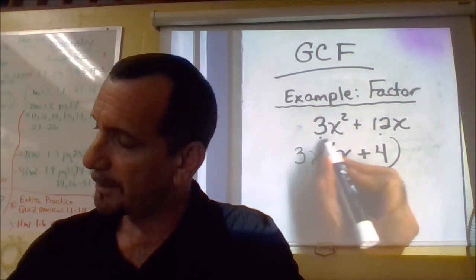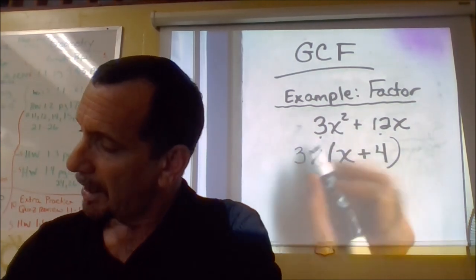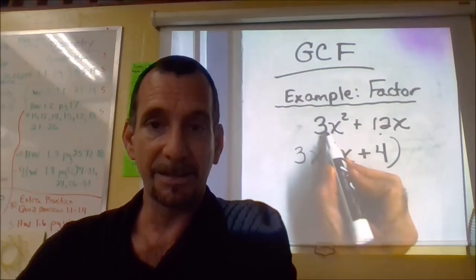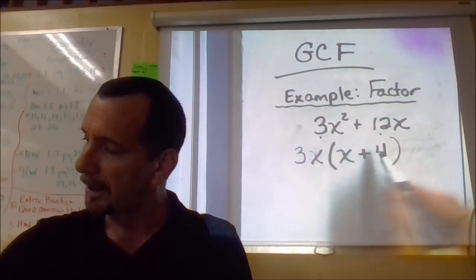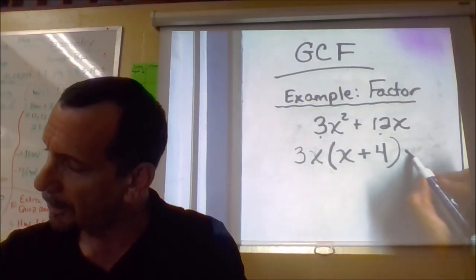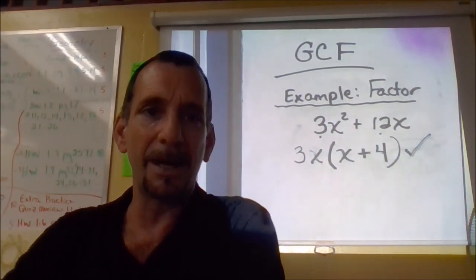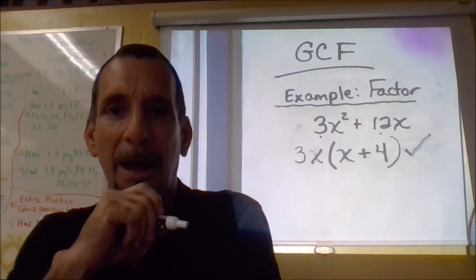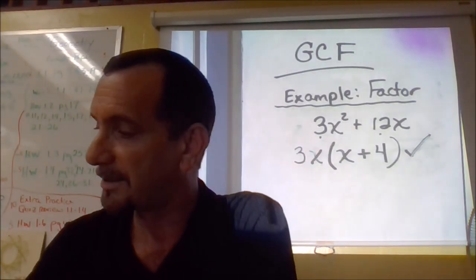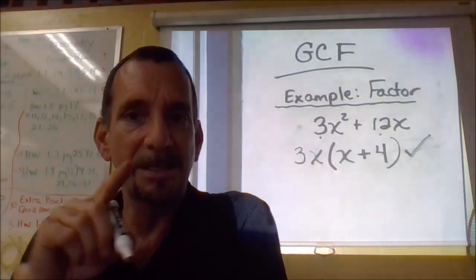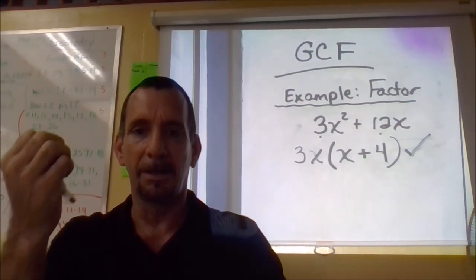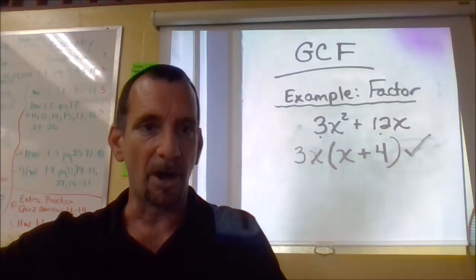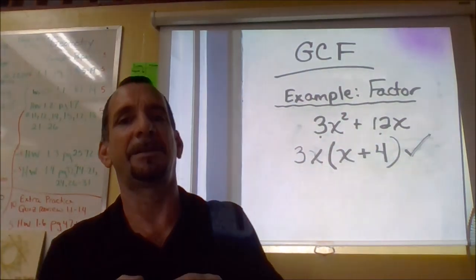And when we distribute, just to check ourselves, that would be 3x times x is 3x squared, and 3x times 4 is 12x. And we know that we factored that greatest common factor properly. Now, there'll be lots of kinds of problems, but every time I see a factoring problem, I say, is there something common I can pull out of all the terms in that expression?